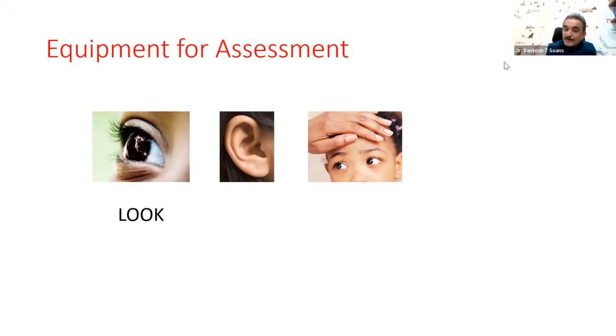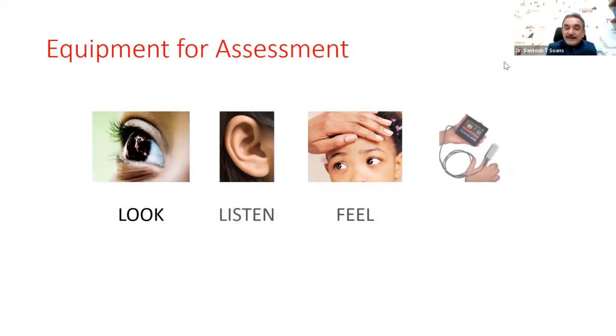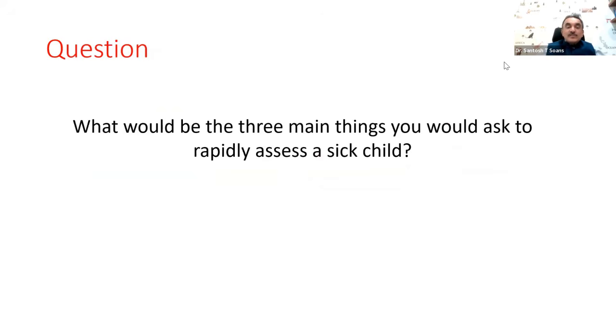You look, you hear, you feel, and you do the saturation monitor or BP monitor or take the temperature. You don't require anything more than that. You just need to give some time. Look, listen, and feel for the patients. Okay. So the question is, what are the three main things you would ask to rapidly assess a sick child?